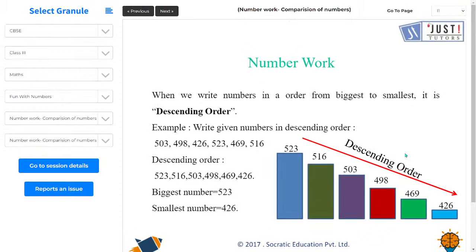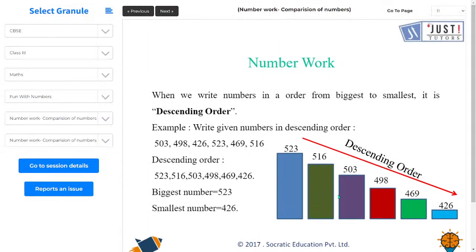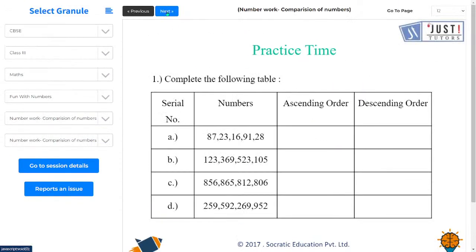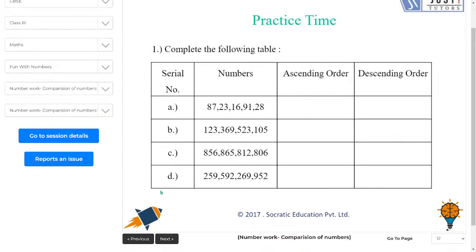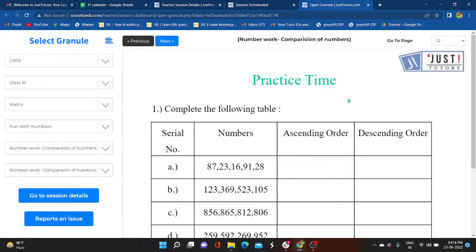So this is how we arrange numbers in descending order. Now we have learned the basic concept of ascending and descending order. Before moving ahead, let's see how we arrange numbers in ascending and descending order.